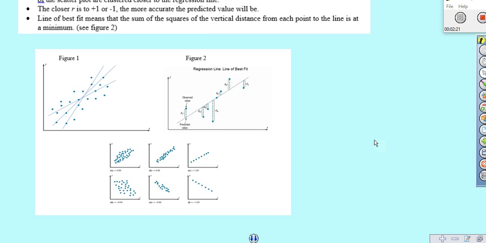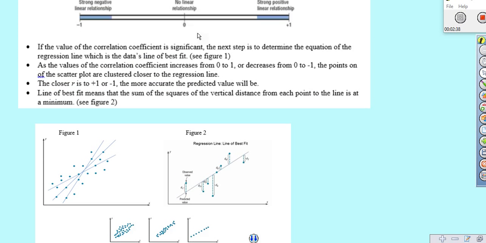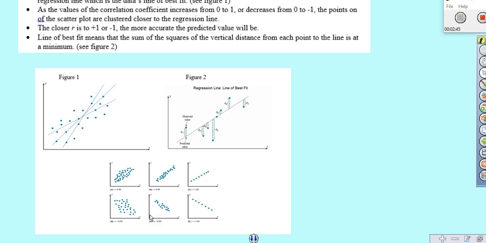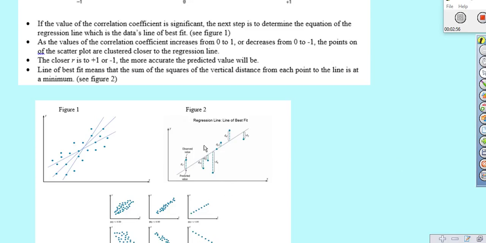As you go from 0 to negative 1, we're going to see the same situation, and we can see that from our little image here: this is negative 0.5, this is negative 0.9, and this is negative 1. So this is a strong negative relationship.